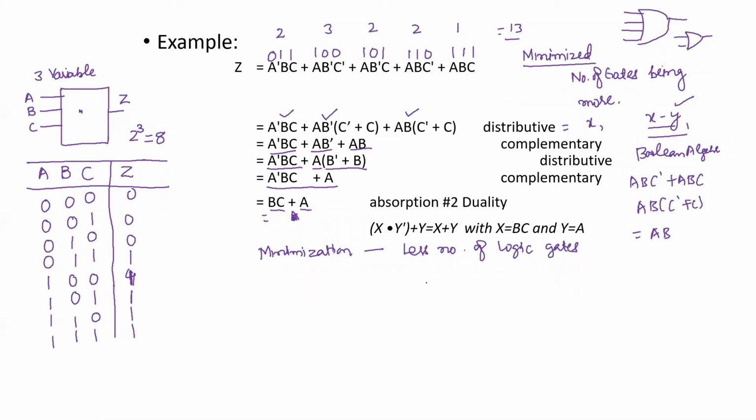And when you are having less number of logic gates, your cost will be less, area of your logic circuit will be less, and your power dissipation, because they are consuming the battery, will be less.